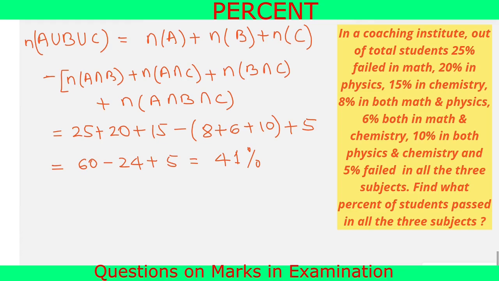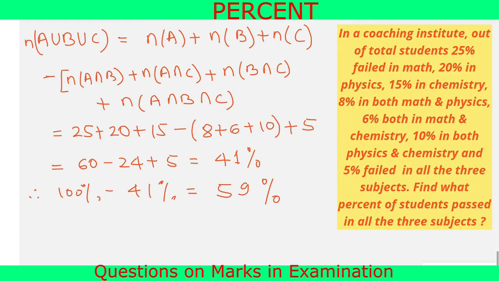So this gives the total number of students failed in any of the three papers. Therefore, number of students passed is 100% minus 41% equal to 59%. So 59% students passed in all the three subjects.